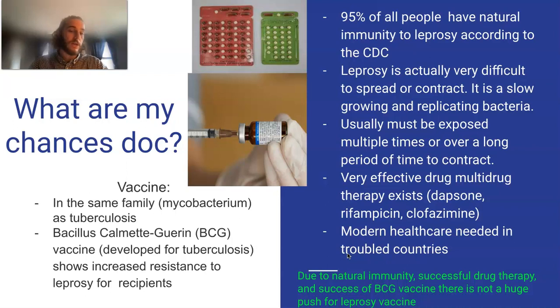That means the BCG vaccine, which was developed for tuberculosis, actually shows effectiveness in enhancing resistance to leprosy. So it's not a leprosy vaccine, it's a tuberculosis vaccine, but it does increase resistance to leprosy.